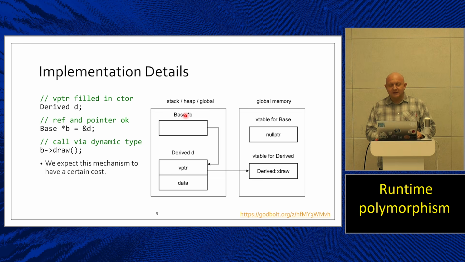And of course, we expect this mechanism to have a cost. Here is a typical situation. We create a derived object, we bind a base pointer to it, and at first glance, b draw is an indirect call. The function address is loaded from the virtual table and then invoked indirectly.